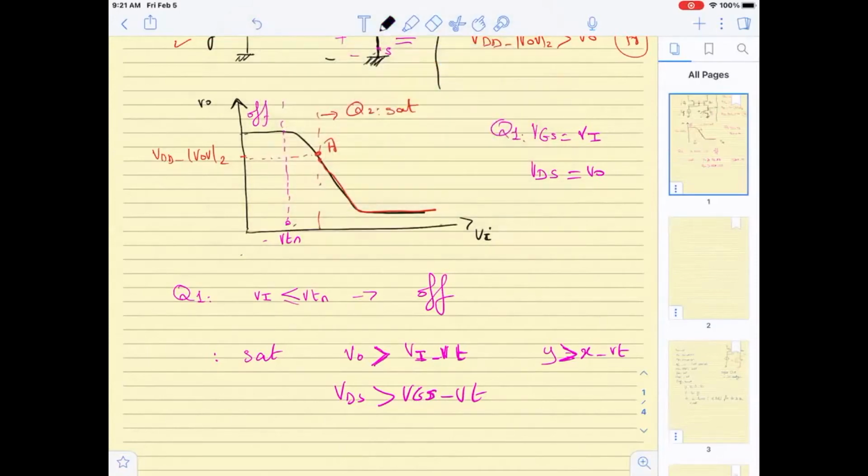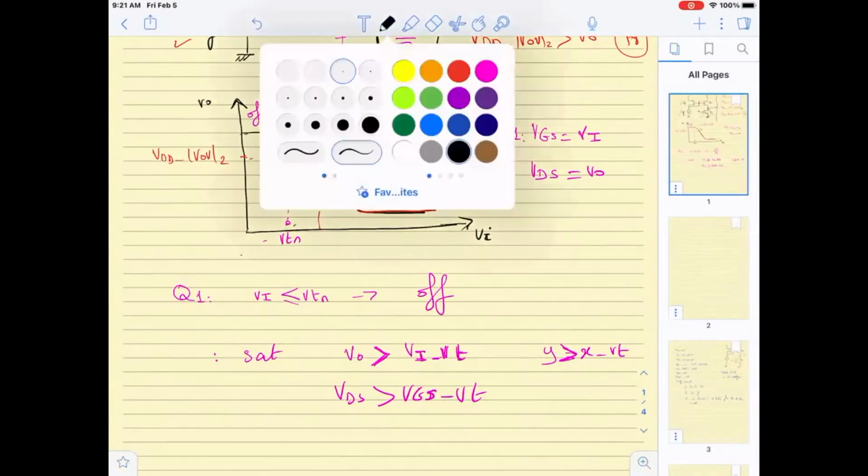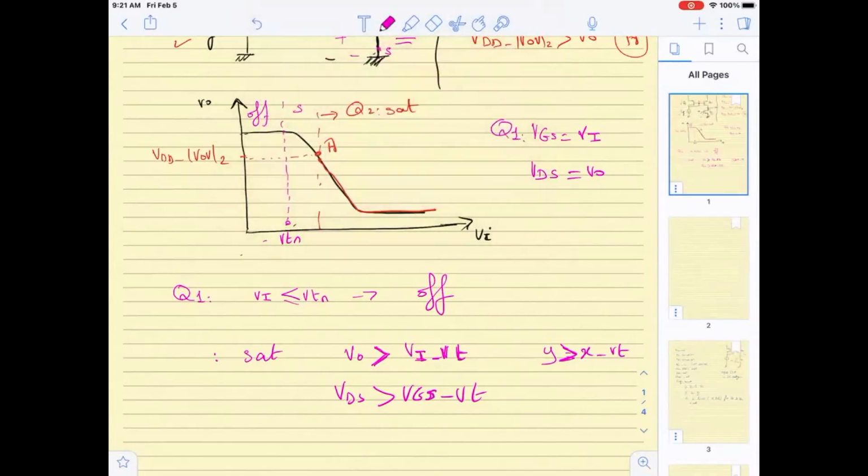I know for large VO, I'm going to be in SAT, so I will start here in the saturation region, and then as VO becomes very small, somewhere here at some point B, I will hit the edge of SAT, and the transistor is going to be in linear, right?